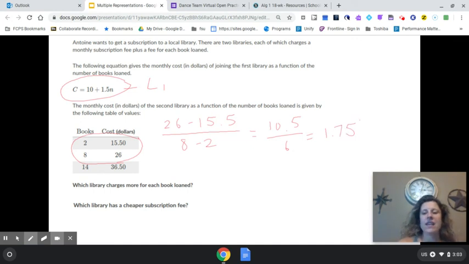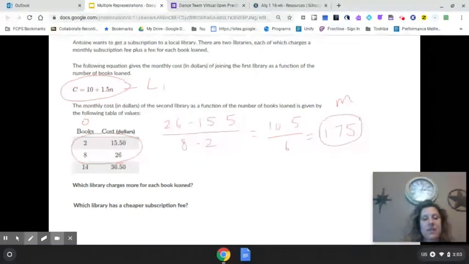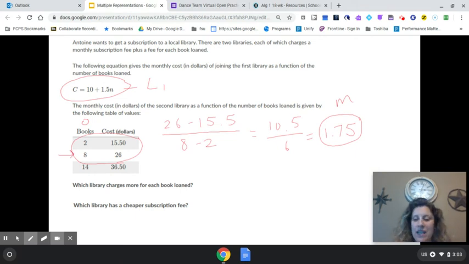That is the slope of the equation, so I'm going to label that m. We also have to find the y-intercept. So I can do that by figuring out what would the cost be for 0 books. Or I could pick one of these points. I think I would probably pick the (8, 26) and plug those values in for y and x. I'm going to show that method.